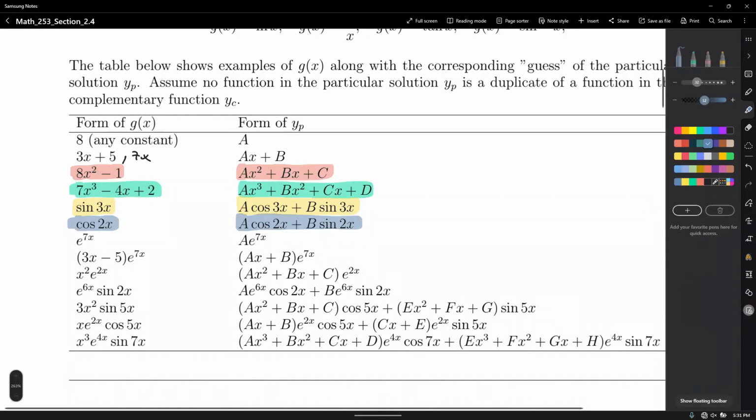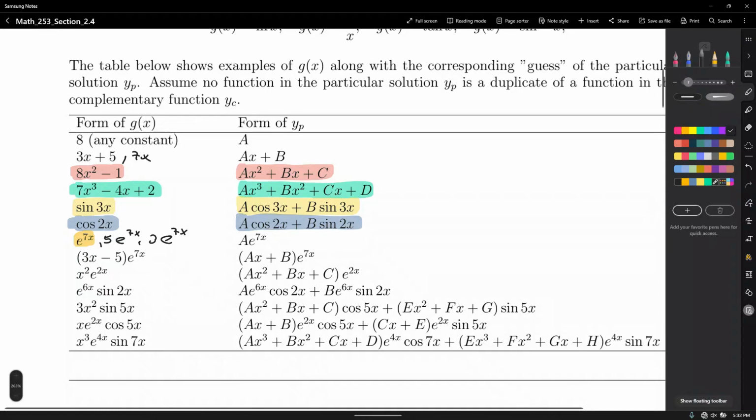Okay, what about exponentials? So we also mentioned exponential functions, like in this case, e to the x, okay? E to some number times x. Well, notice what do we have multiplying e to the x right here? Isn't that just an invisible one? It could have been a 5 e to the 7x, maybe a 3 e to the 7x.